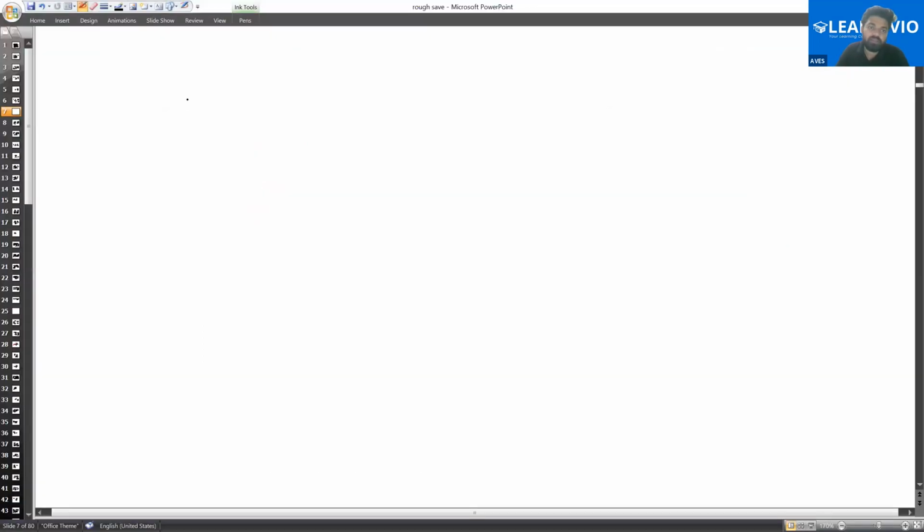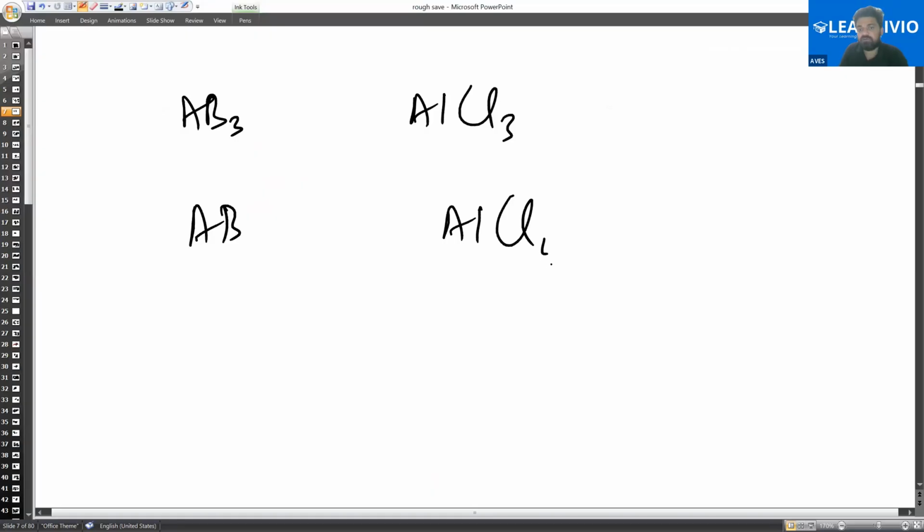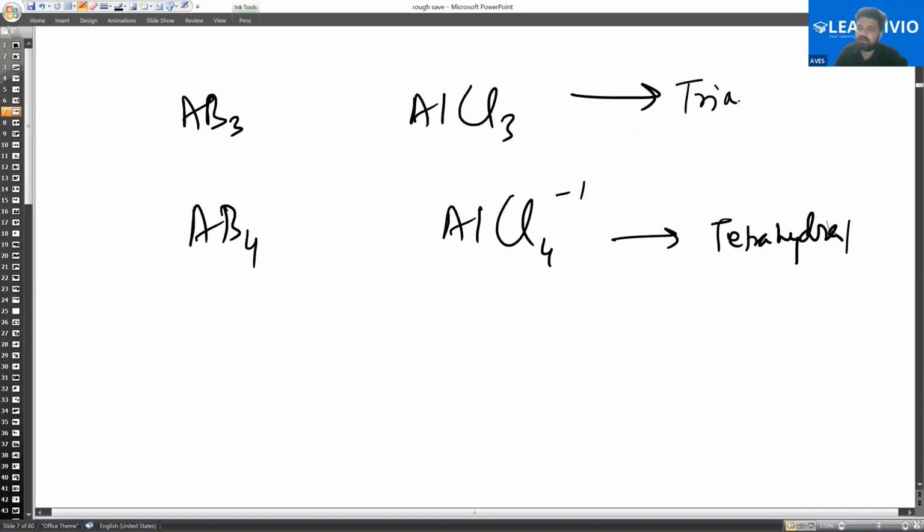When it changes its shape to AlCl4 minus, it becomes AB4. Now the shape will be tetrahedral, while the shape of the earlier molecule was trigonal planar. Did you understand? Yes, sir.